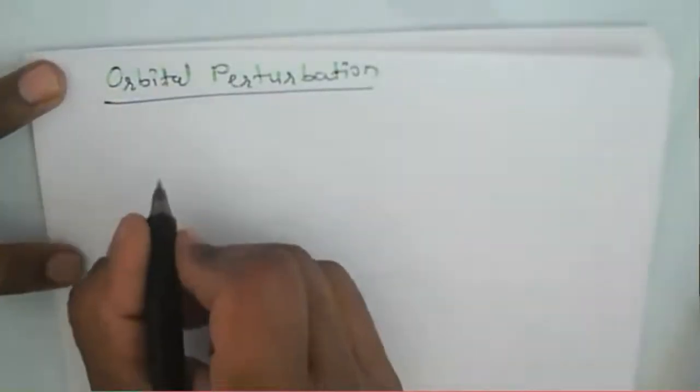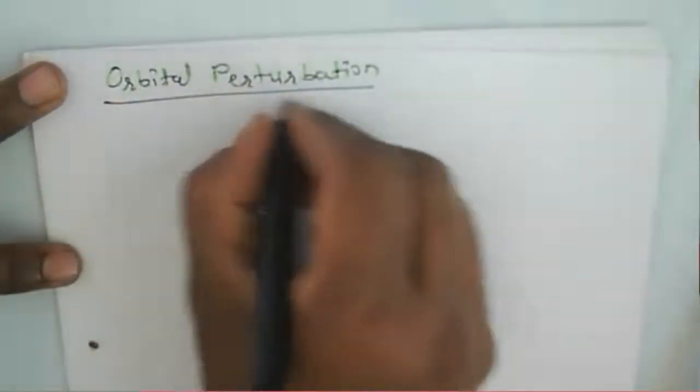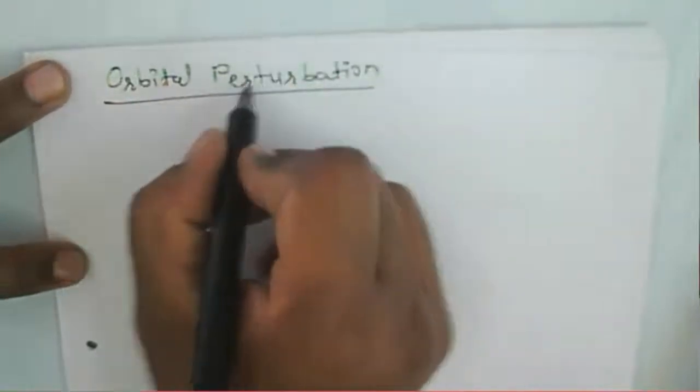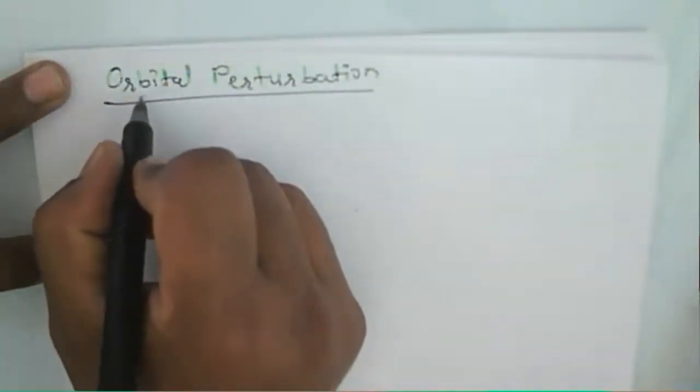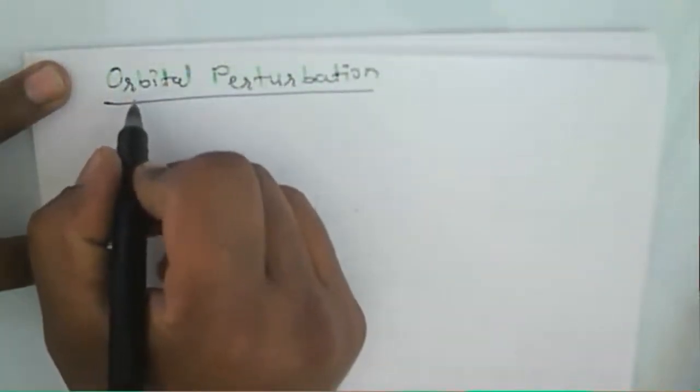Next, we consider the orbital perturbation. Perturbation means what? A disturbance.